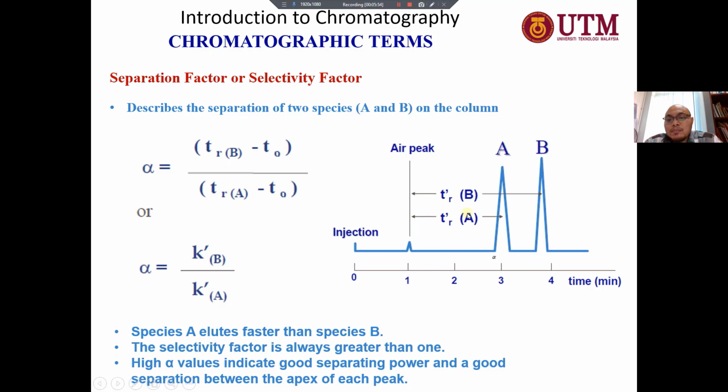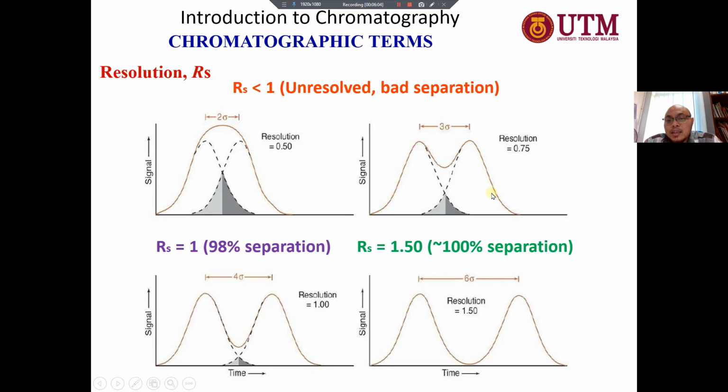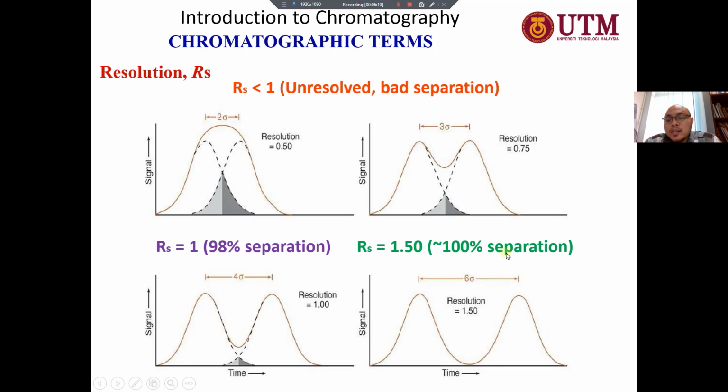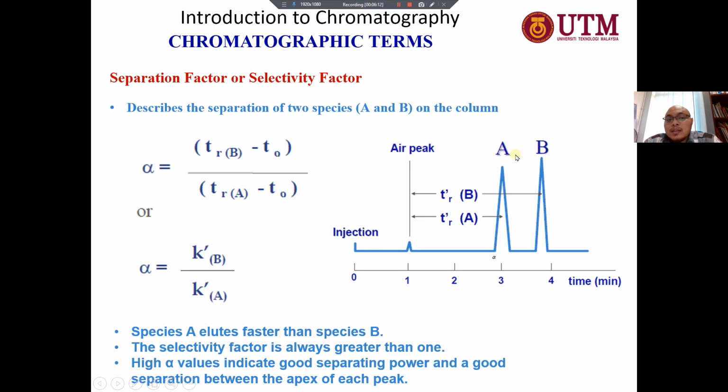A pair is what? A pair is the tips of the peaks. But to have a very good understanding, to actually have a very good separation, you need to calculate the resolution.